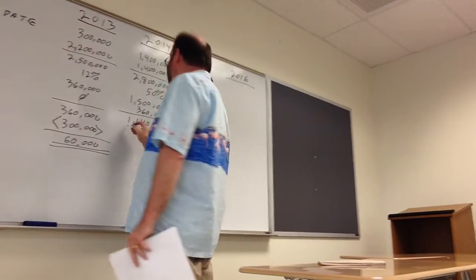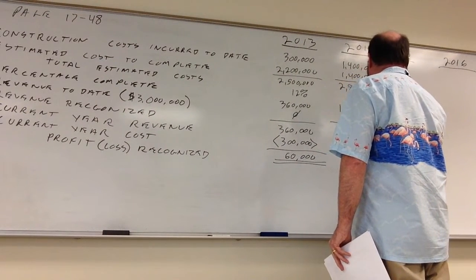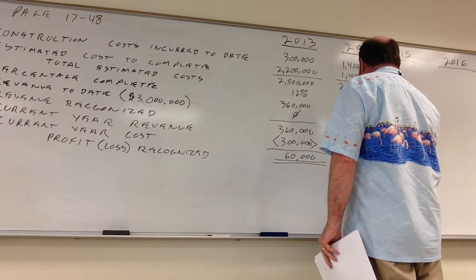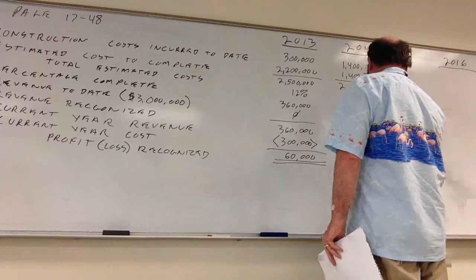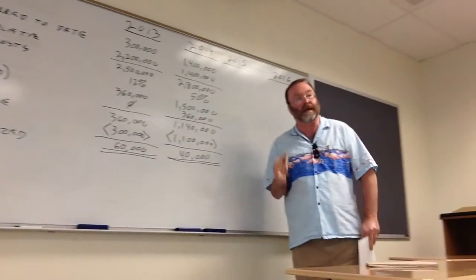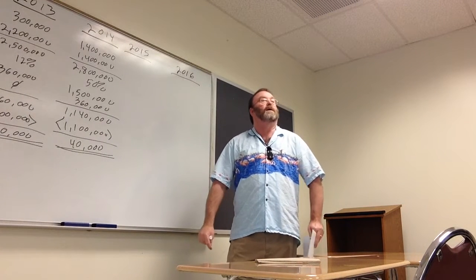Subtract the current year cost of $1,100,000, and we have a $40,000 gross profit for the second year of the project.